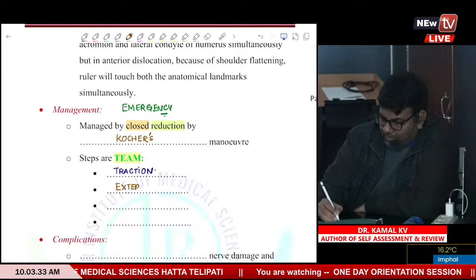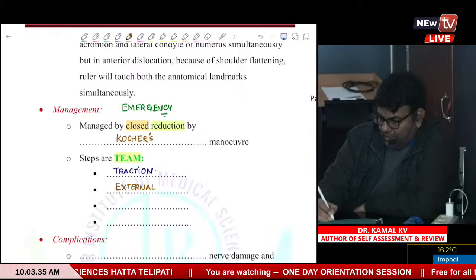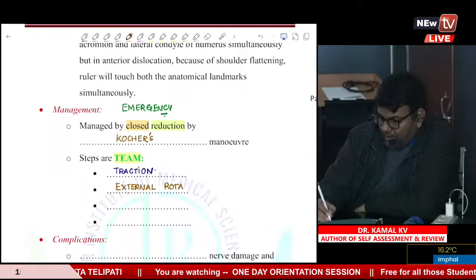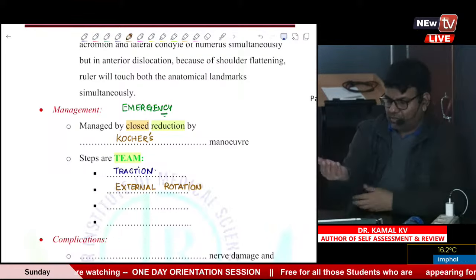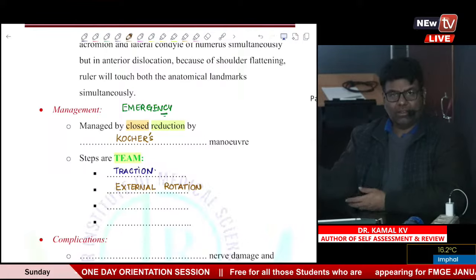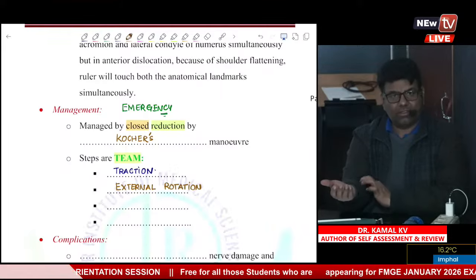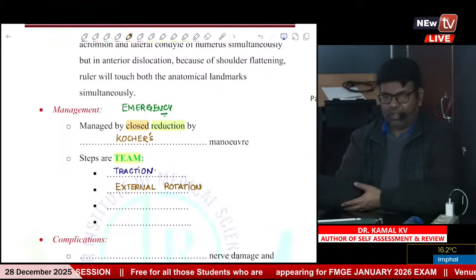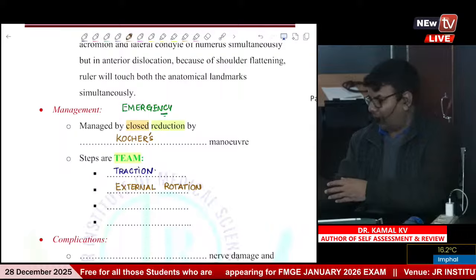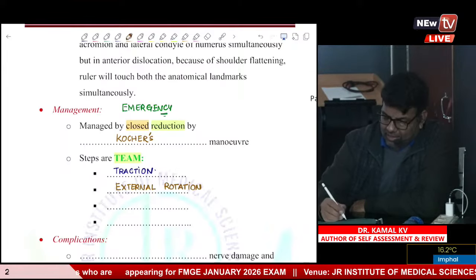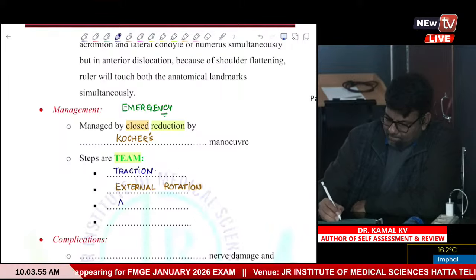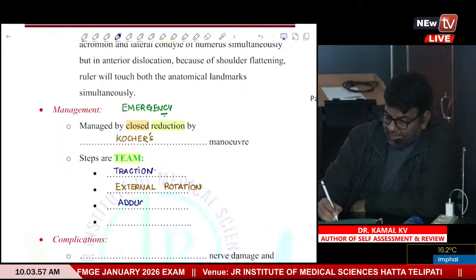Very good. External rotation is like this: if we flex the elbow and take the palm outside, this is external rotation. Then after that, A is adduction.